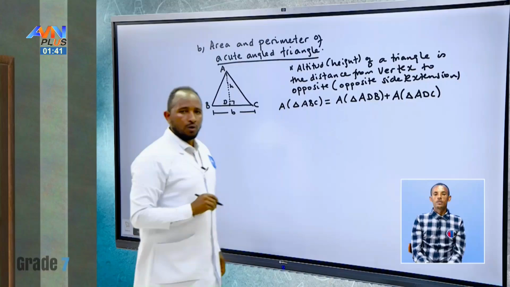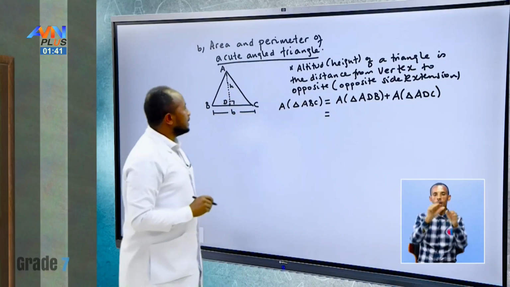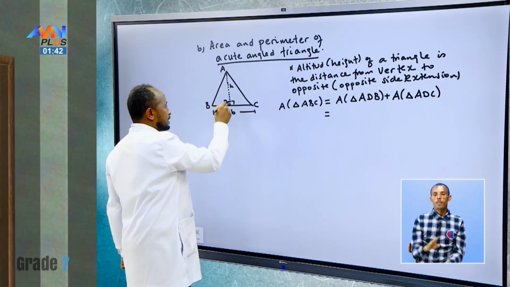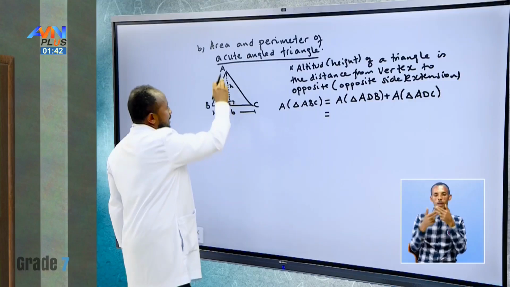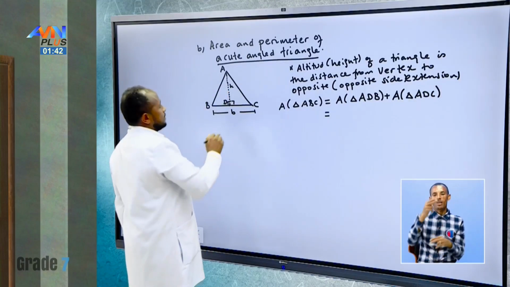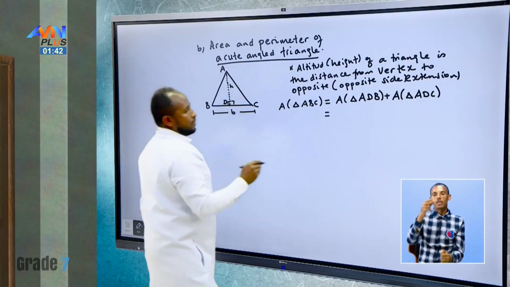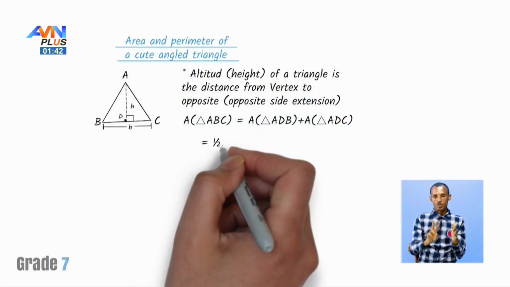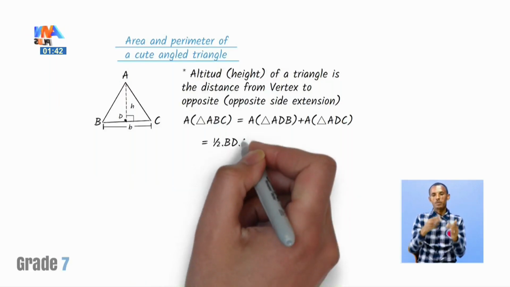So this is equal to the area of triangle ADB. Look, ADB is a right angle triangle. To calculate this area, simply multiply the base and the height and divide by 2. Therefore, the base is BD, the height is AD. So its area will be half times the base BD times the height AD.